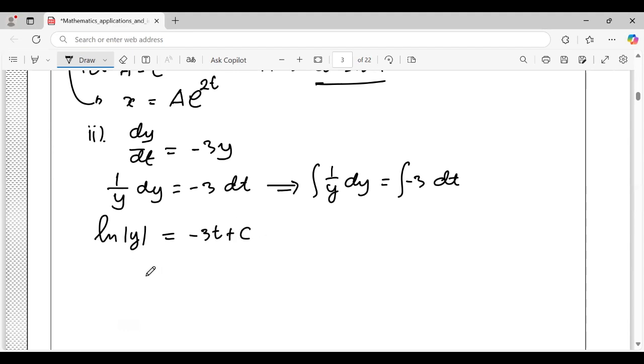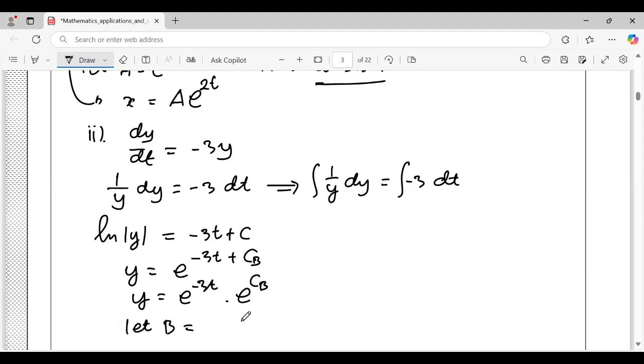Okay, exponentiating becomes y equals e to the power minus 3t plus c_b, or y equals e to the power minus 3t times e to the power c_b. After that, let b equal e to the power c_b.